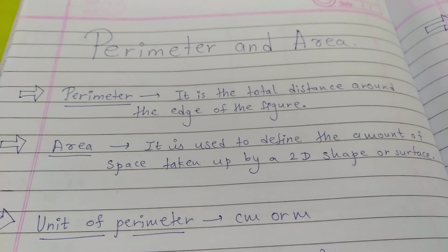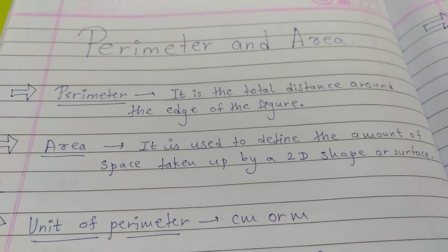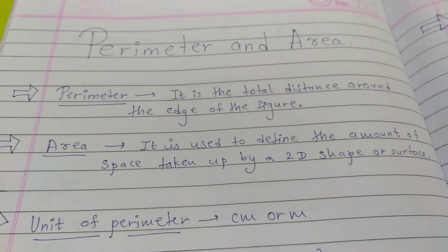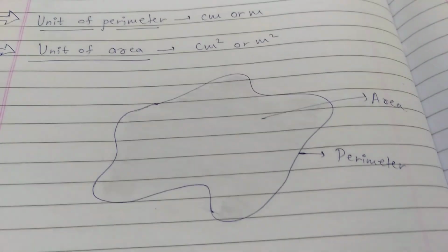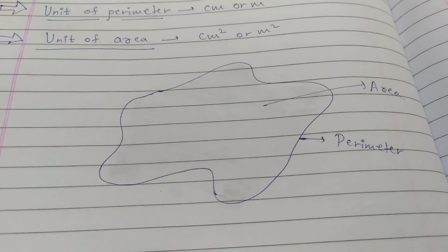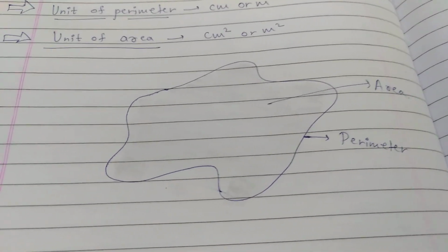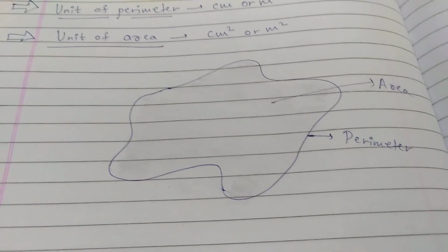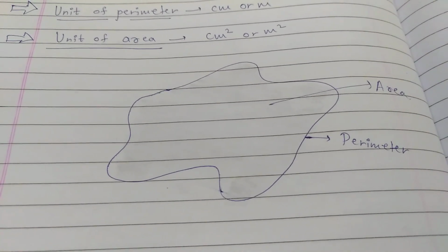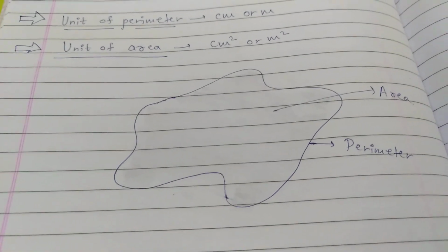The definition of perimeter is the total distance around the edge of the figure. Now as you can see, I have drawn a random figure or surface which satisfies both the rules. First rule is it is 2D and the second one is it is a closed surface.